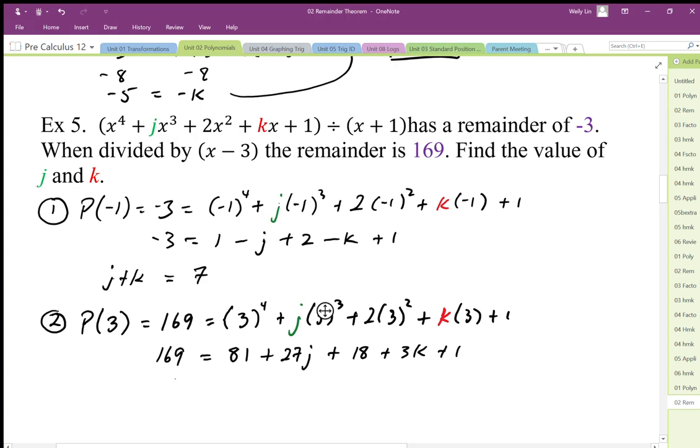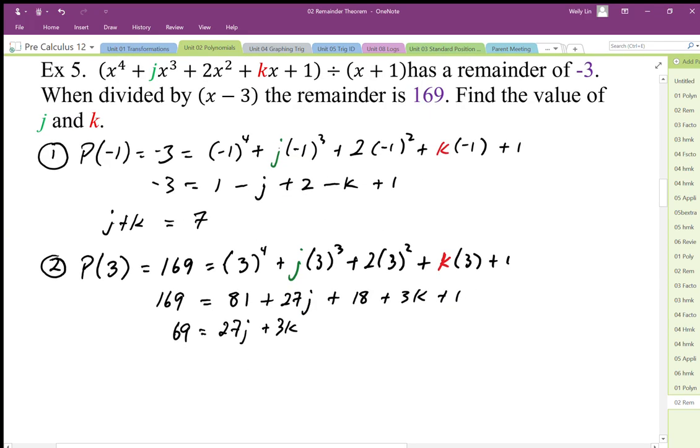So I end up with 69 is equal to 27j plus 3k. There's a common factor of 3, so I might as well simplify that. So I get 23 is equal to 9j plus k. So there's my second equation.